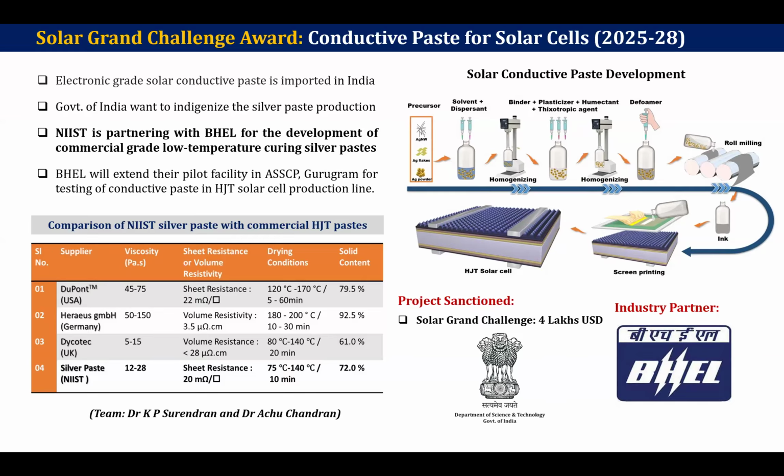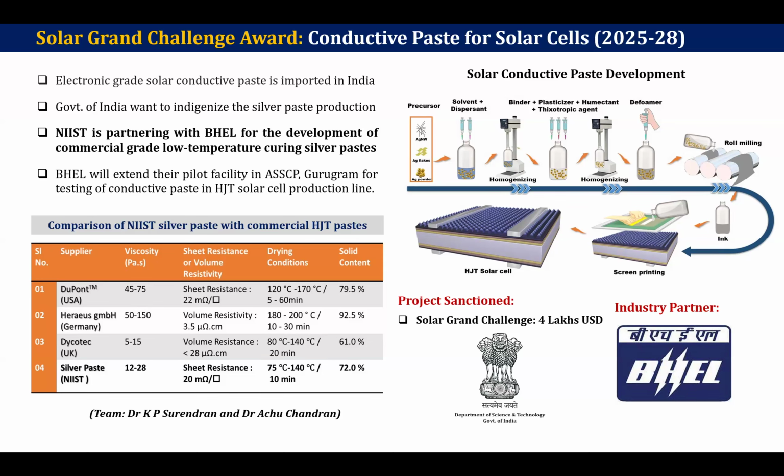In this particular activity, we are partnering with collaborators like Dr. K.P. Surendran, and from the BHEL side, there are collaborators for the ink testing and all. You can see the schematic of conductive solar paste development, starting from various precursors like silver nanowires, silver nanoflakes, and silver powders, which are added into solvent and dispersant systematically and homogenized. Then we add different kinds of binders, plasticizers, humectant, and thixotropic agent, forming the ink.